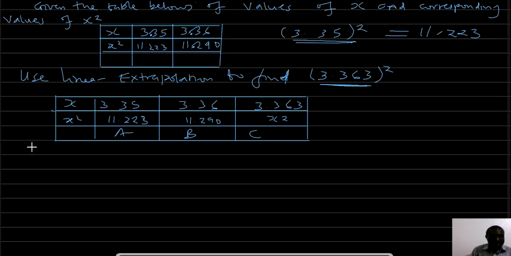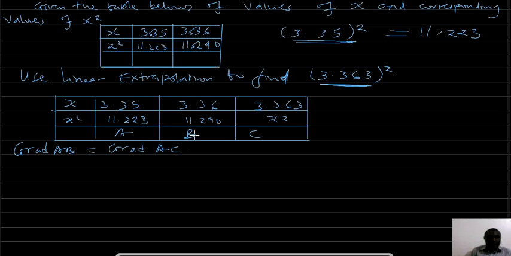We know that we are dealing with linearly related variables. So if something is linearly related, that means it can be drawn in a straight line, and the gradient between any two points that lie on the straight line is the same. So that's why we are going to say gradient AB is equal to gradient AC.